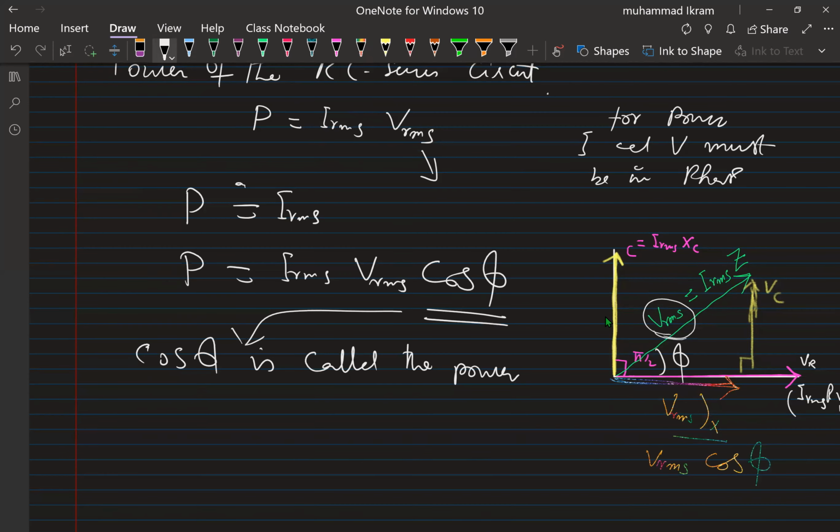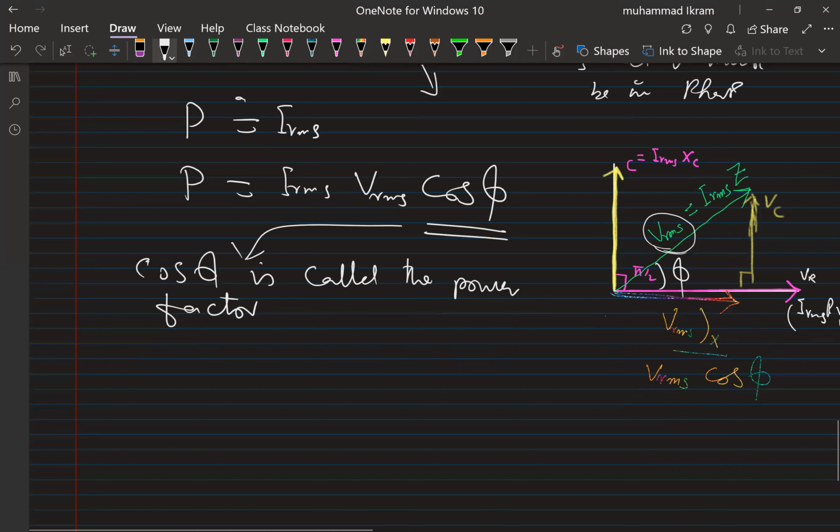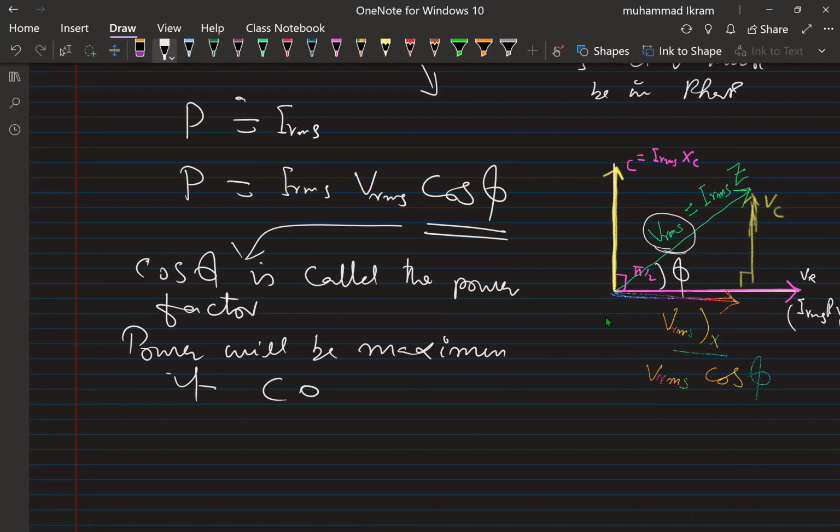The power factor. So power will be maximum if cos phi equals 1.